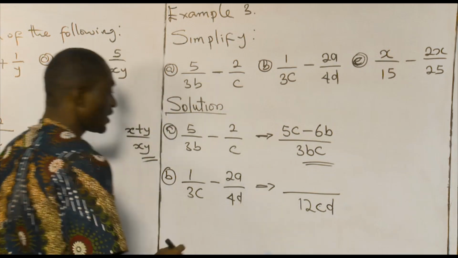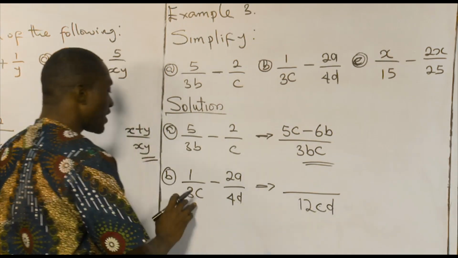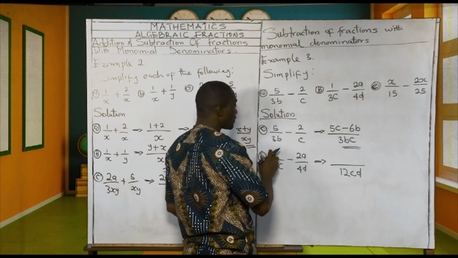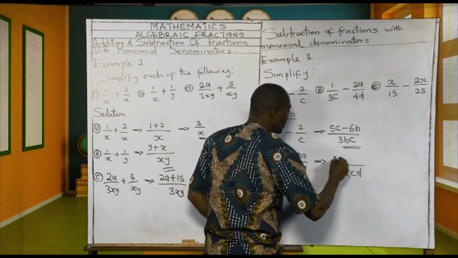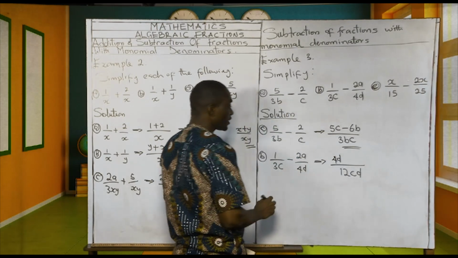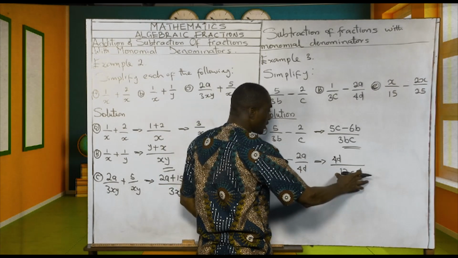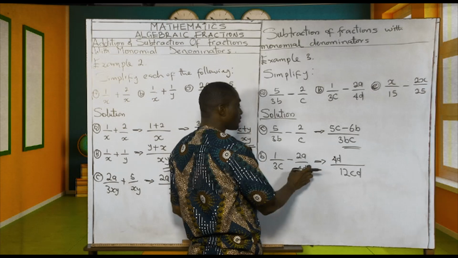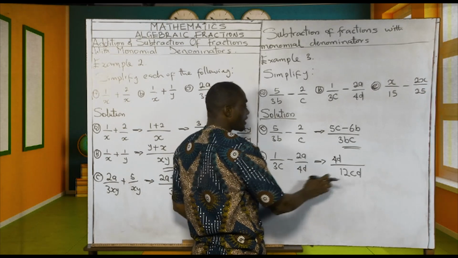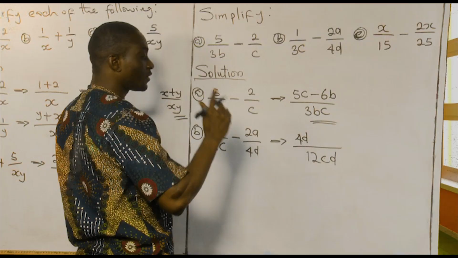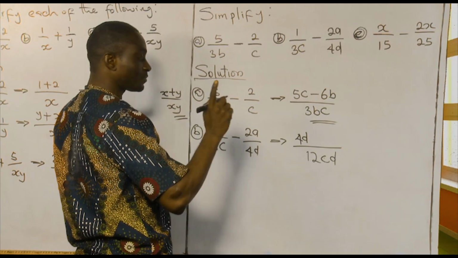12CD, and the LCM divided by the first denominator will give us 4D. 4D multiplied by 1 will give us 4D. For this LCM again divided by the second denominator, that is 12CD divided by 4D, will give us 3C.